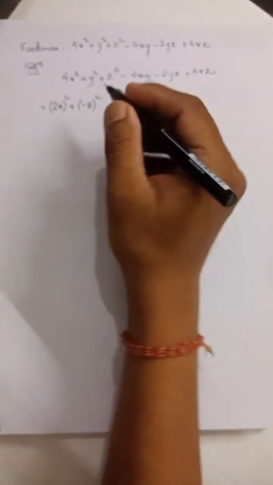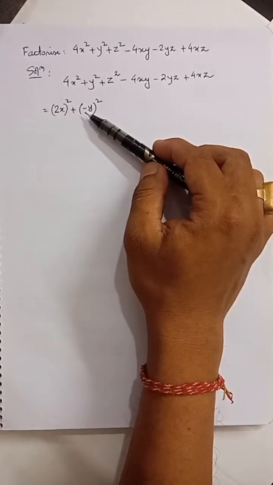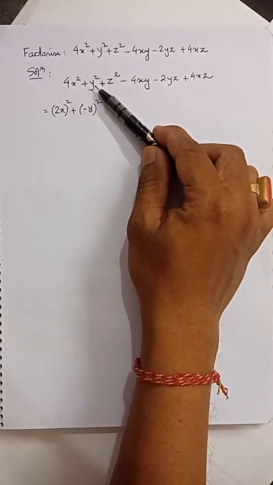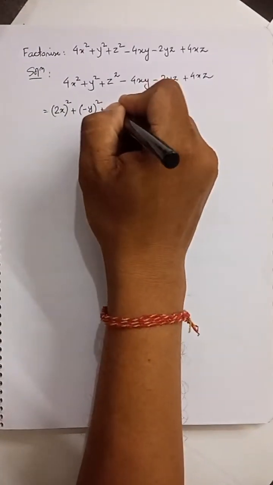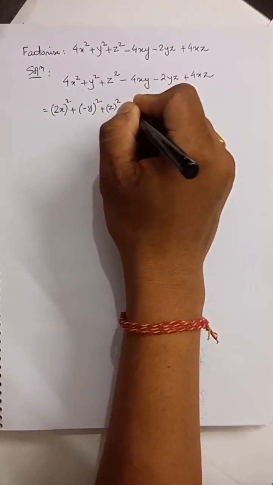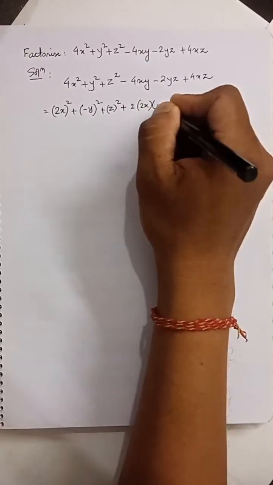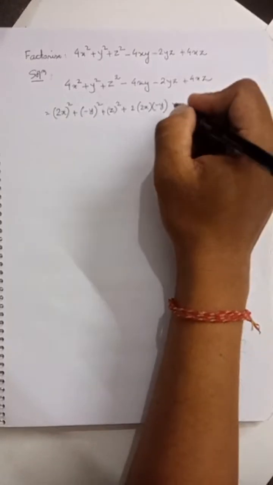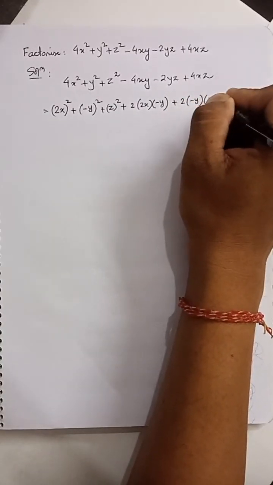And if we look at the reverse step, minus y whole square gives us positive y square. Okay, and z whole square plus 2 into 2x into minus y, 2 into minus y into z.